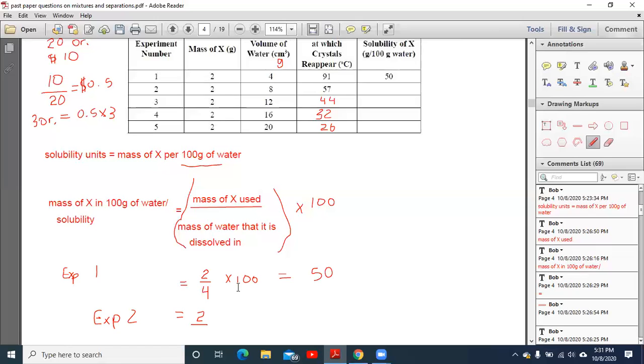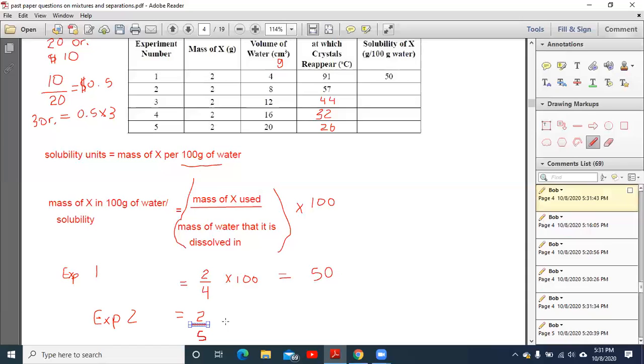You get from the table that it's 8 grams, and you multiply by 100 to find for 100 grams of water. When you input these values into your calculator, you will get 25.